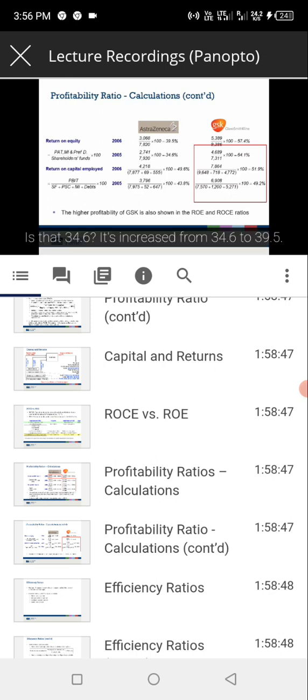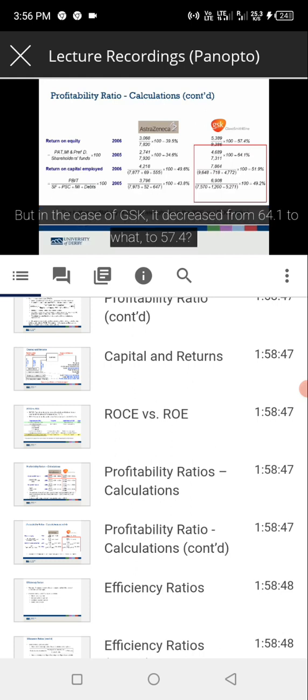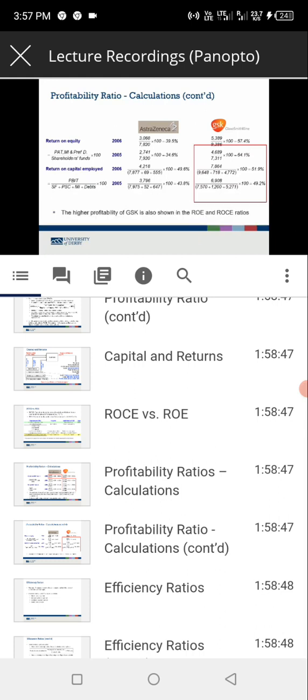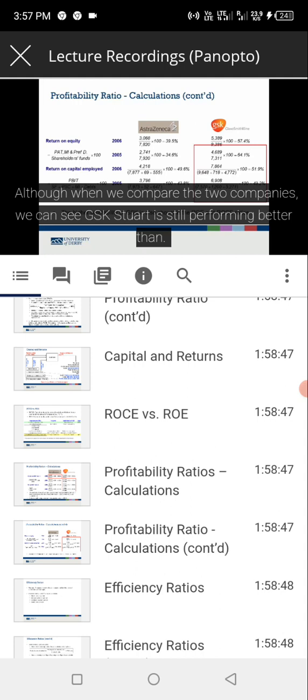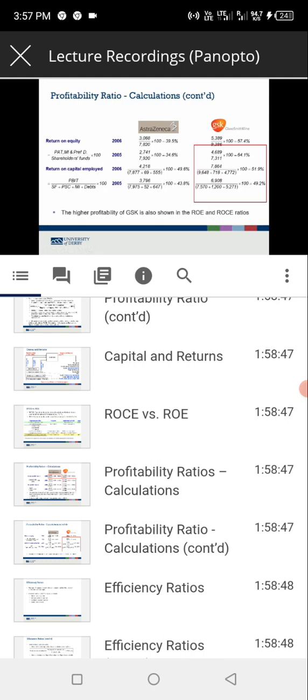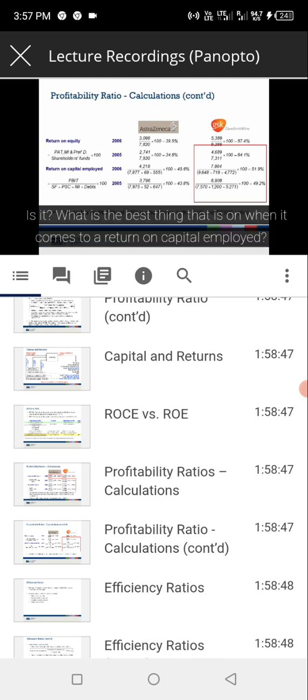It increased from 34.6 to 39.5, but in the case of GSK, it decreased from 64.1 to 57.4. Although when we compare the two companies, we can say GSK is still performing better than AZ. Right? It's still better than AZ.